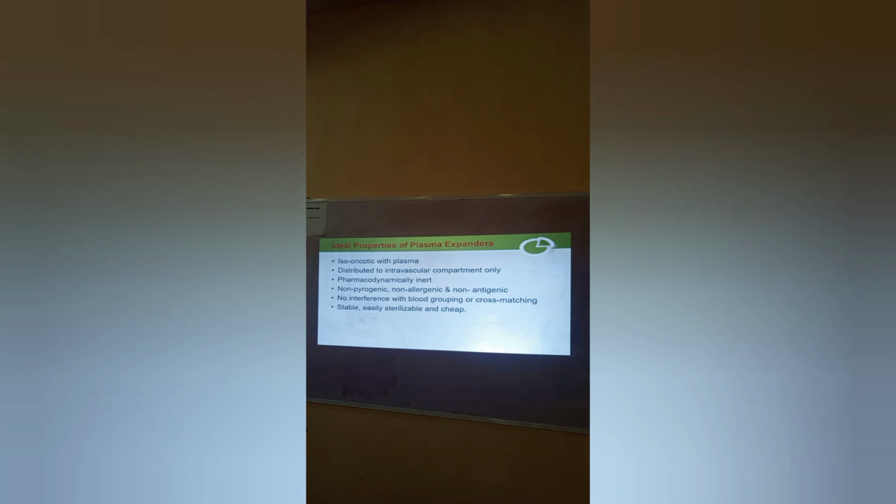They should be non-pyrogenic, meaning they should not induce fever, non-allergenic, and non-antigenic, meaning they should not stimulate any immune response. They should be stable, easily sterilizable, and cheap.